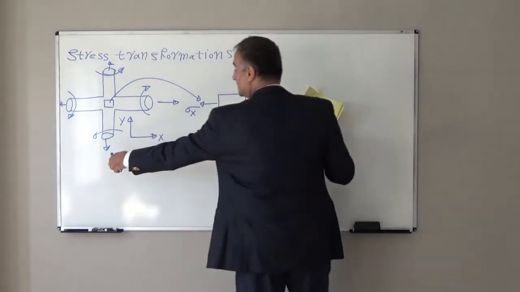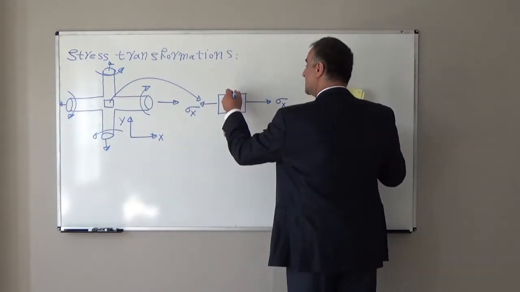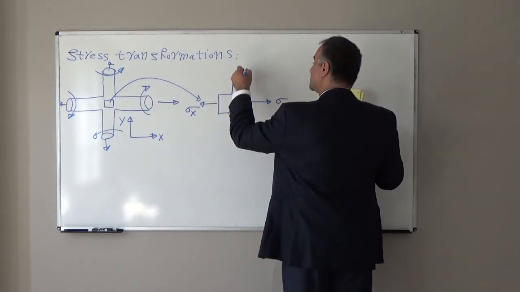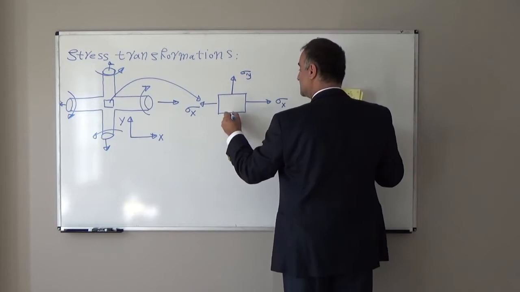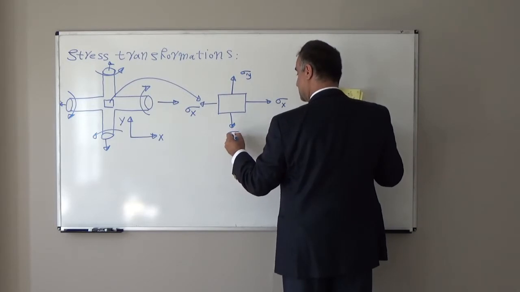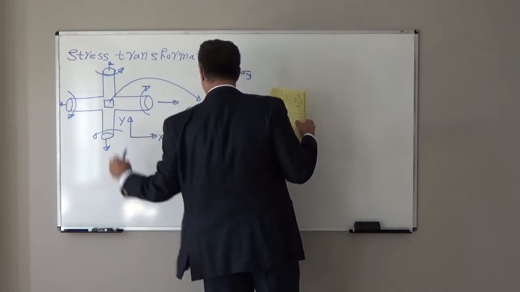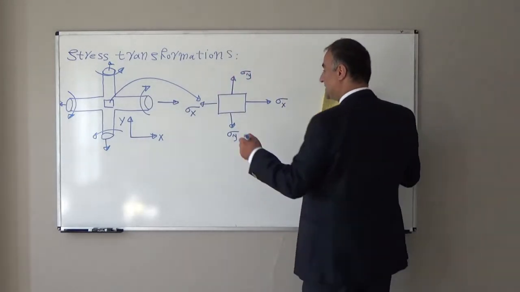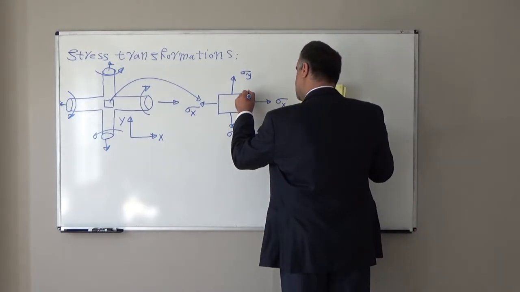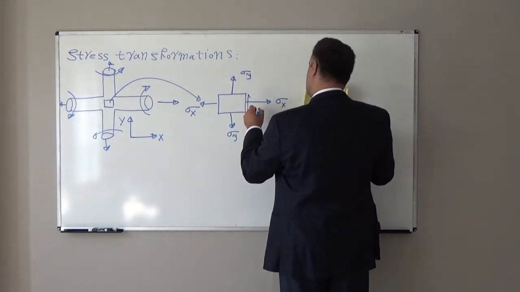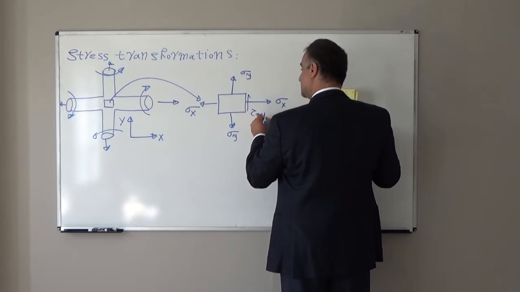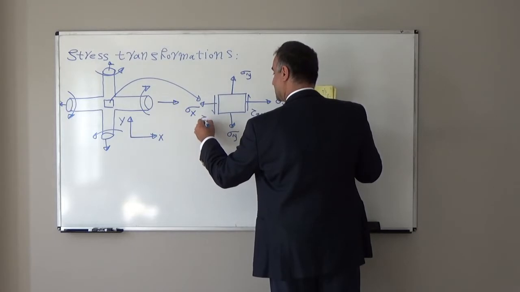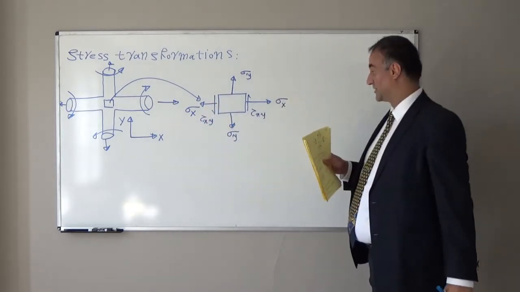Because of the force in the vertical direction, force divided by cross-sectional area, we have sigma y and sigma y. This torque will produce shear stress, tangent to the surface. That will be tau xy, and on this side we will have tau xy again in the inverse direction.